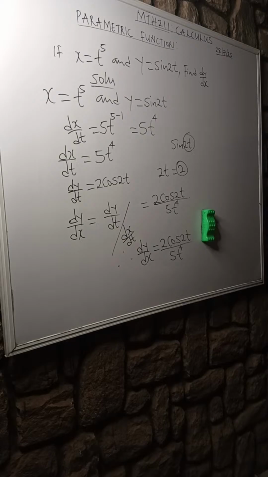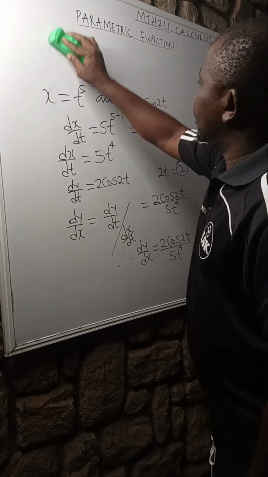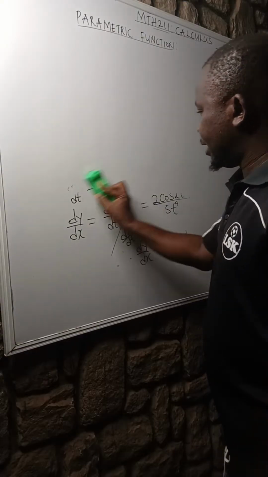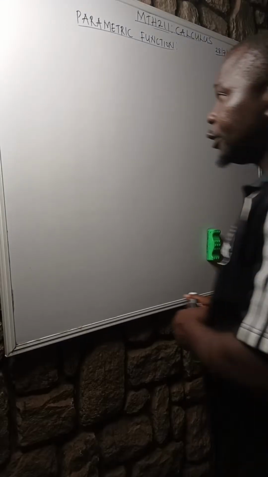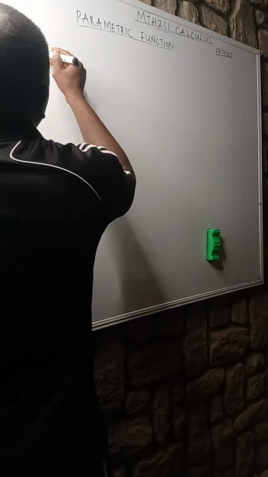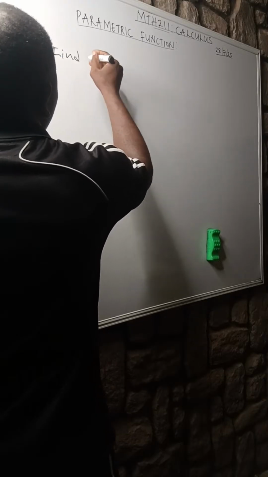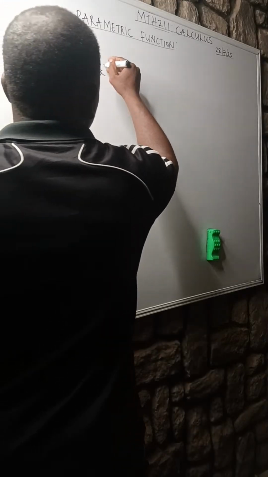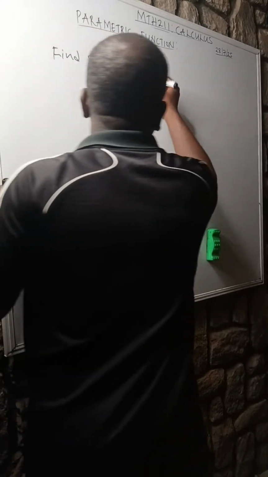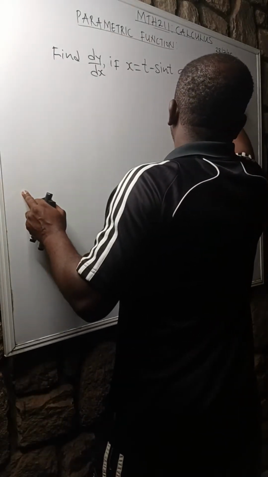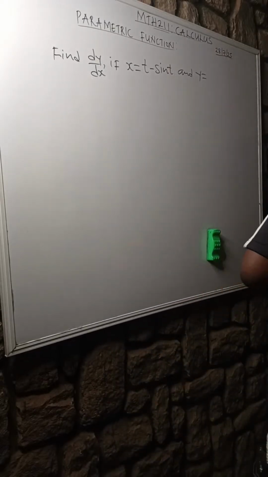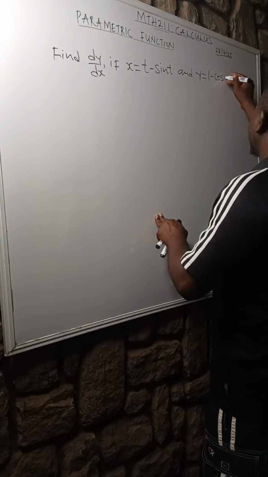Okay. Find dy all over dx if x equals t minus sine t and y equals 1 minus cos t.